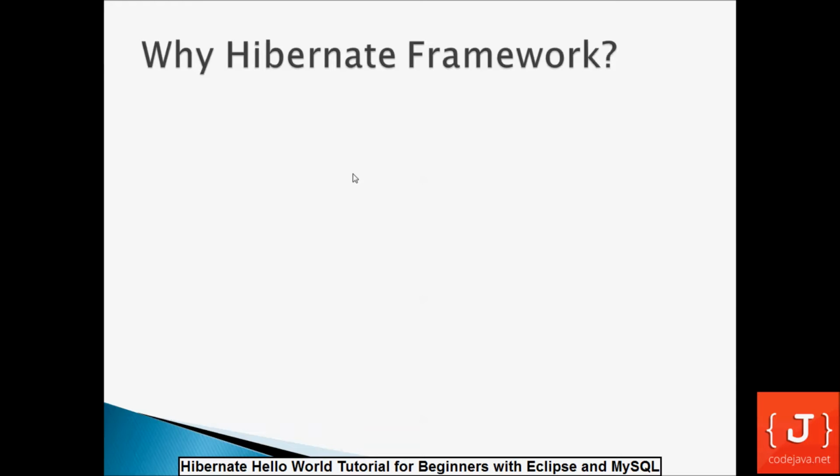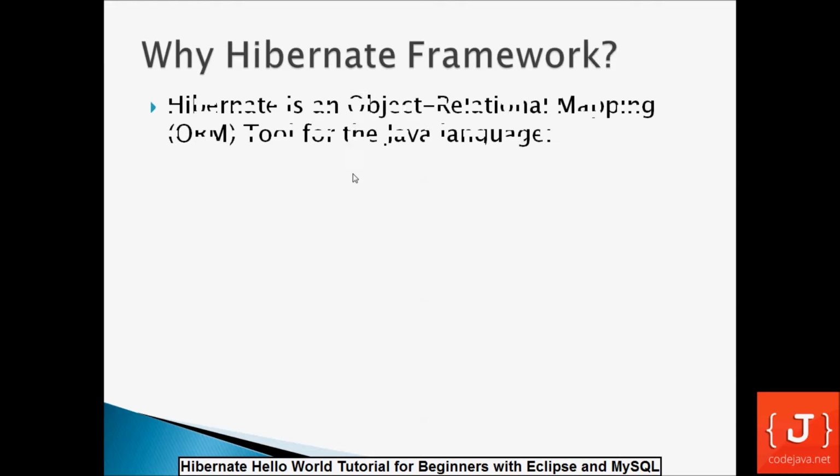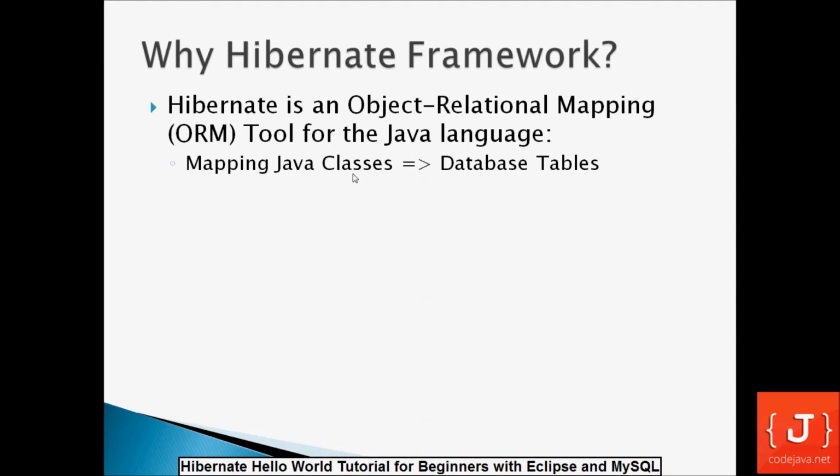So why should we use Hibernate framework? Hibernate is an object relational mapping, or ORM, tool for Java language. Using Hibernate, you can map Java classes to tables in database, and you can map Java data types to SQL data types.